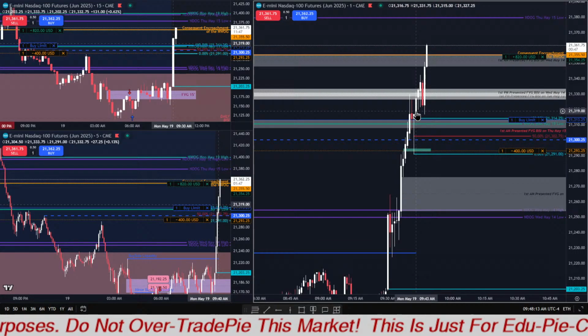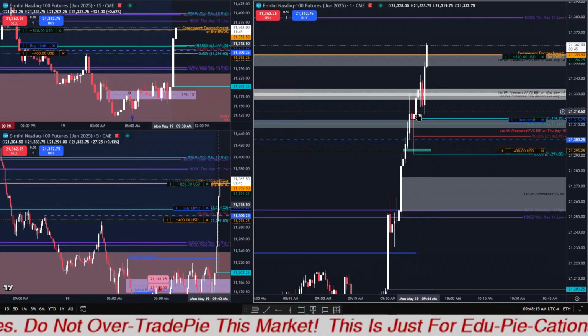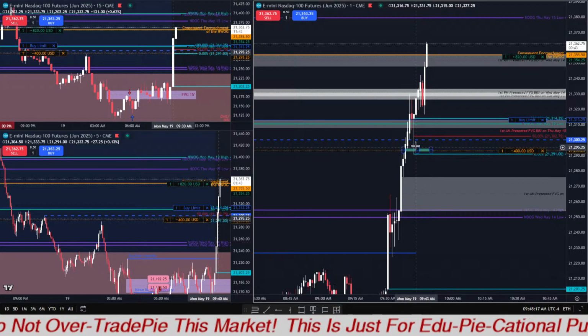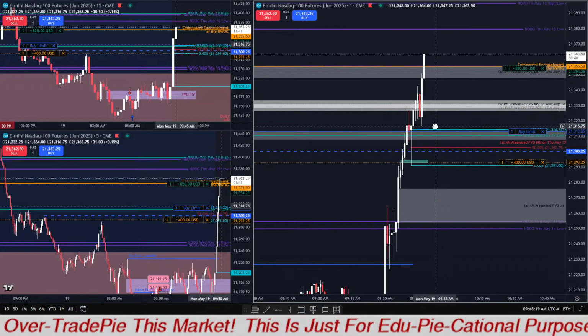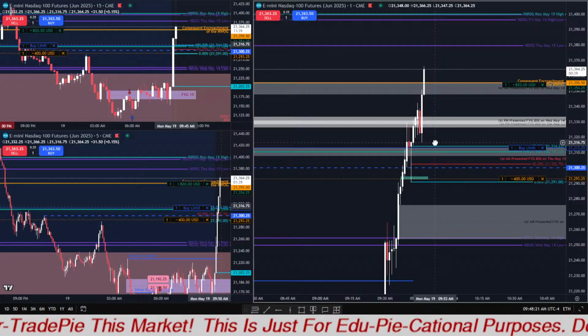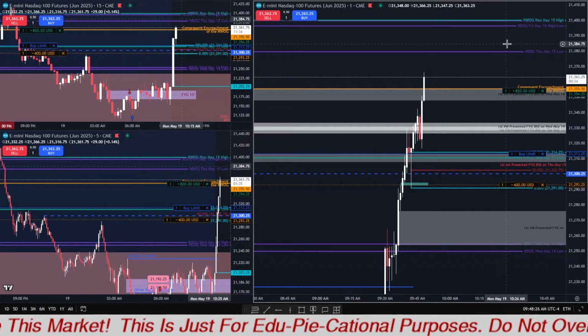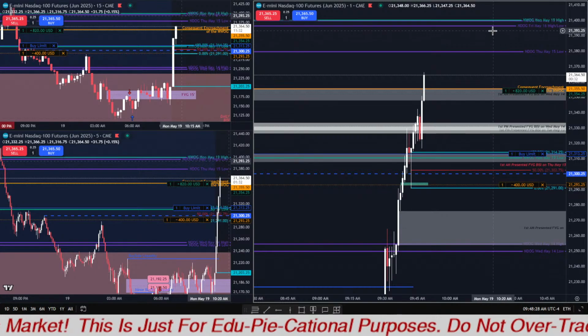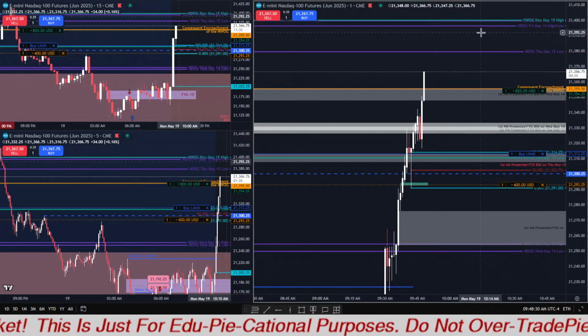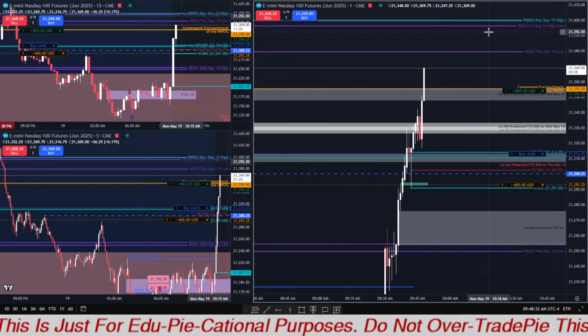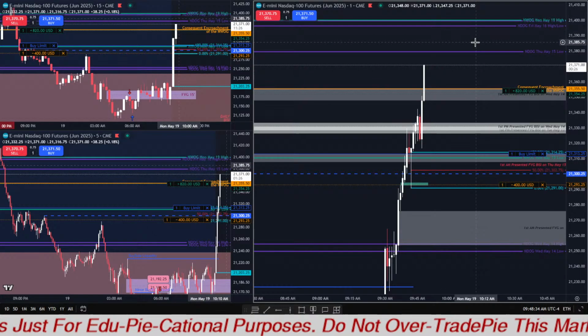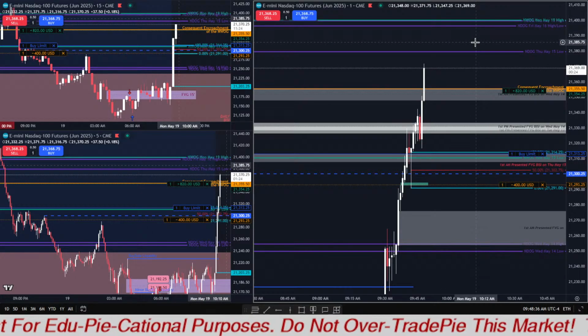It traded into this inefficiency over here once again like this, and after that started going higher and higher. The next objective would be the new day opening gap high and the 16th new day opening gaps, as well as the high of the new week opening gap for the current week.